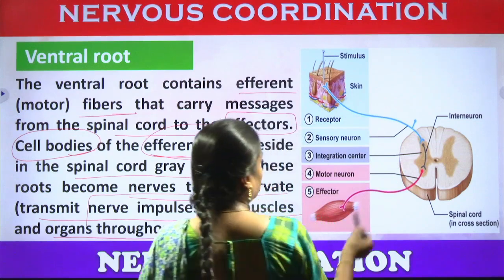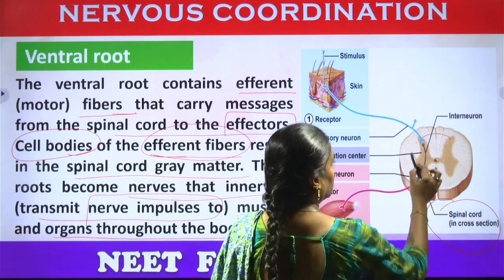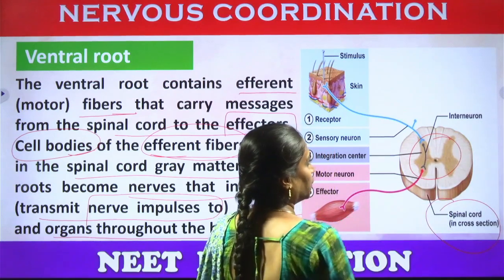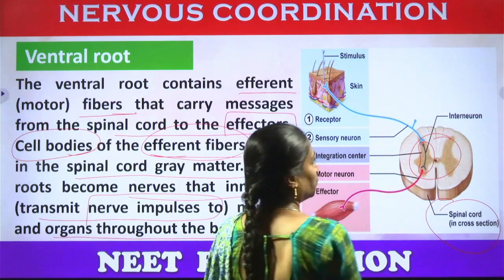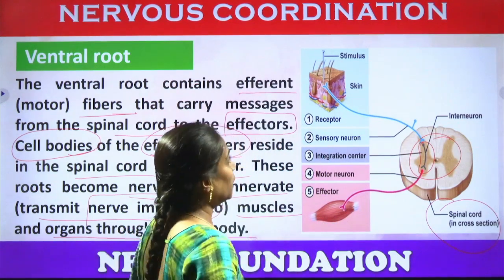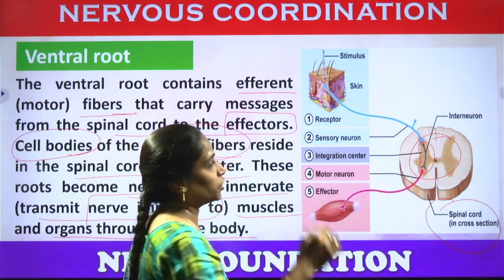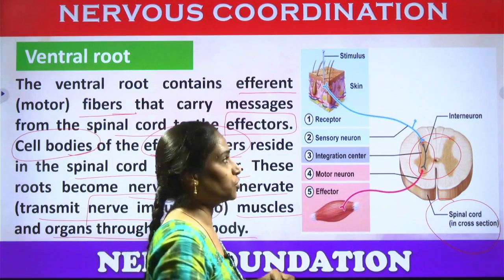So let us see here, in this we can observe the spinal cord. This is the grey matter, internally grey matter, and inside this we can observe the interneuron, which receives and sends. Okay, and here what are the basic elements present in the spinal cord giving the response towards the stimulus?